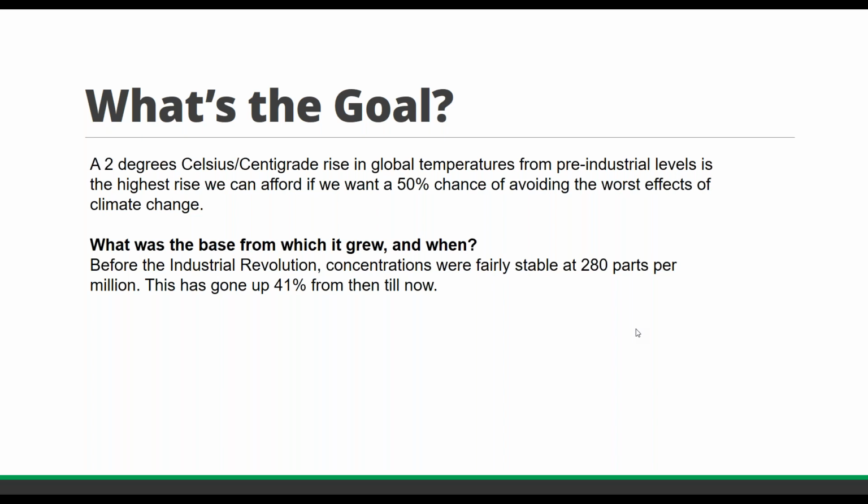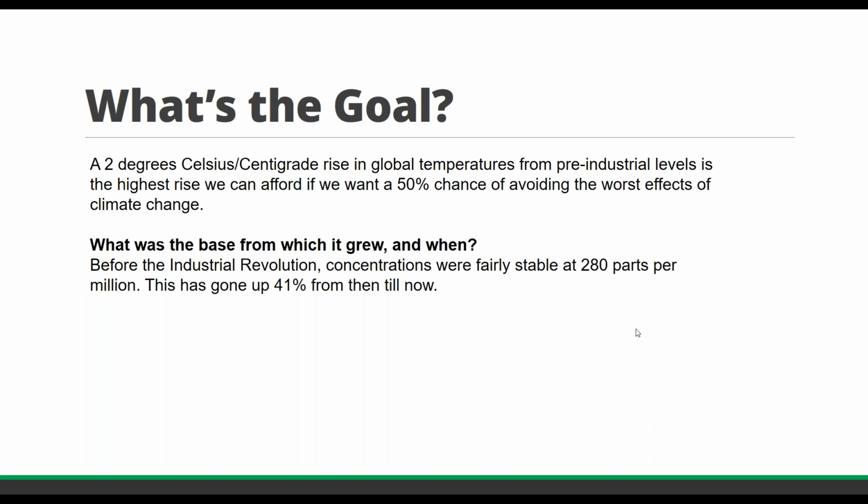At 2 degrees itself, it's the highest rise we can afford if we want just a 50% chance of avoiding the worst effects of climate change. So it's important to remember, and this is why, for example, small island developing states pushed so incredibly hard to have that recognition of keeping warming under 1.5 degrees, because we're already seeing disastrous impacts at less than that.